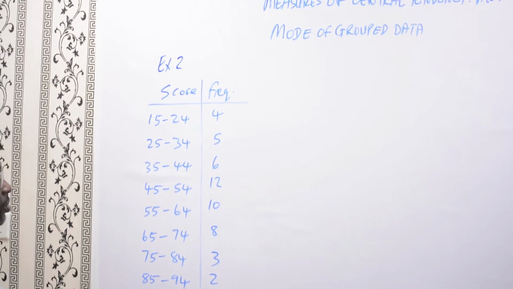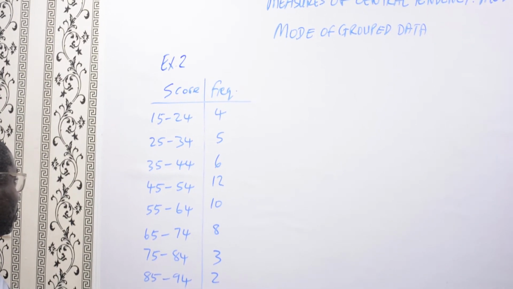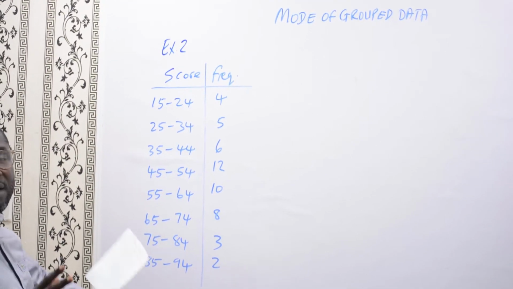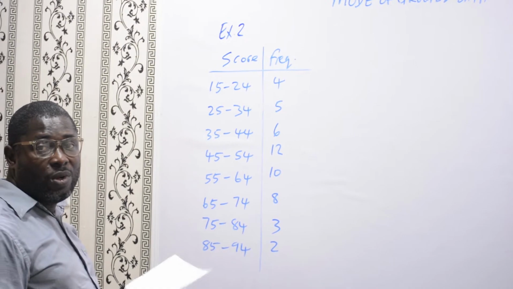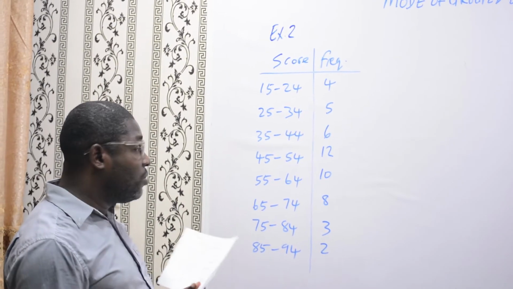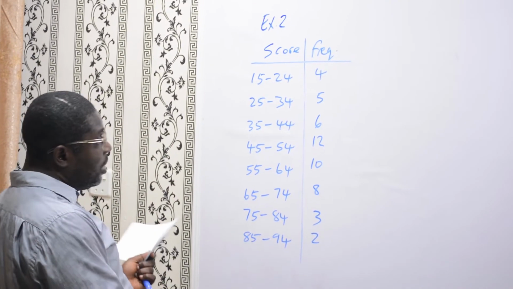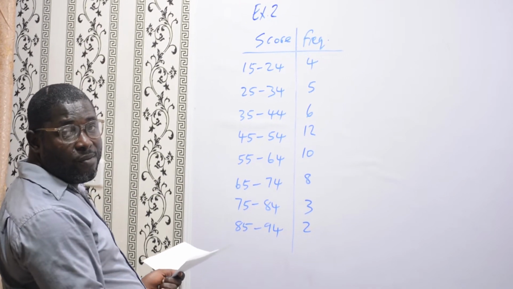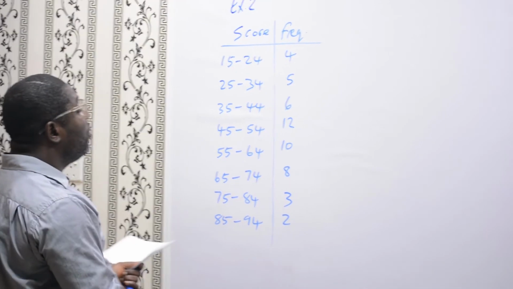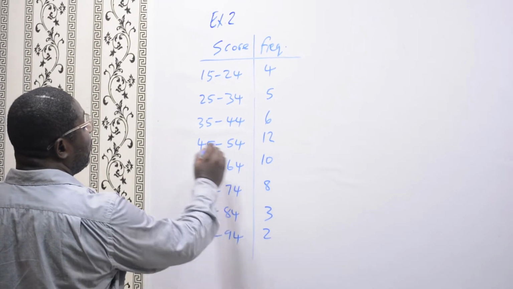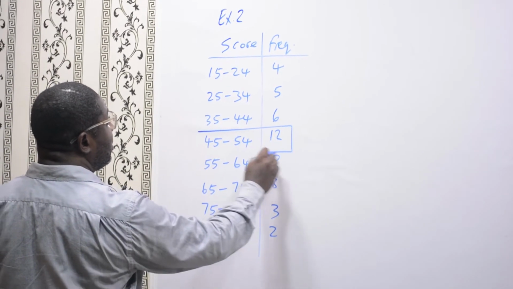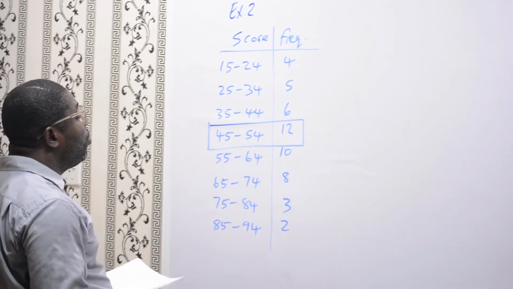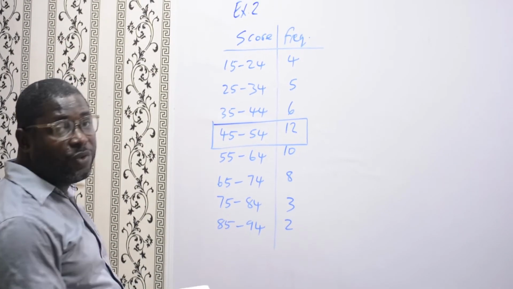What we need to determine is the class with the highest frequency. That's what we need here. As you can look at this, which class has the highest frequency? You're following. So the class with the highest frequency is this class, which is 45 to 54.